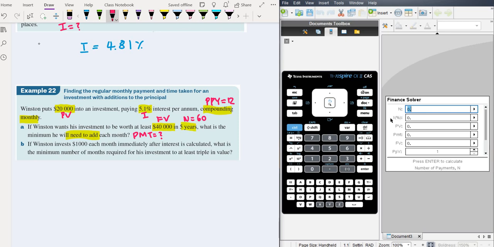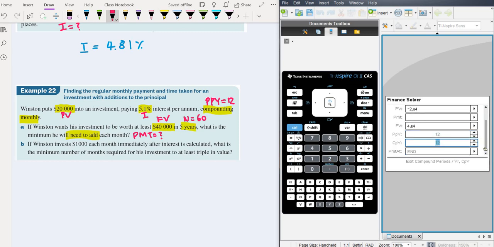All right, now once you have all this information, you just put this into the CAS. So we've got our N equaling 60. We've got our I is 5.1. Present value is negative 20,000. And payment, we don't know. We're looking for the payment, so leave it blank. Future value, we want it to be 40,000. Payment per year is 12.